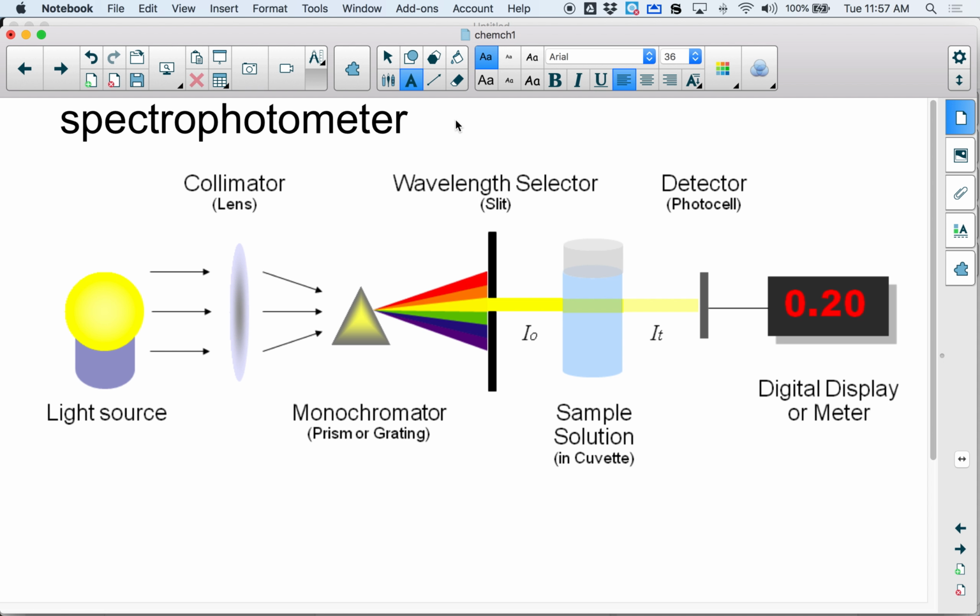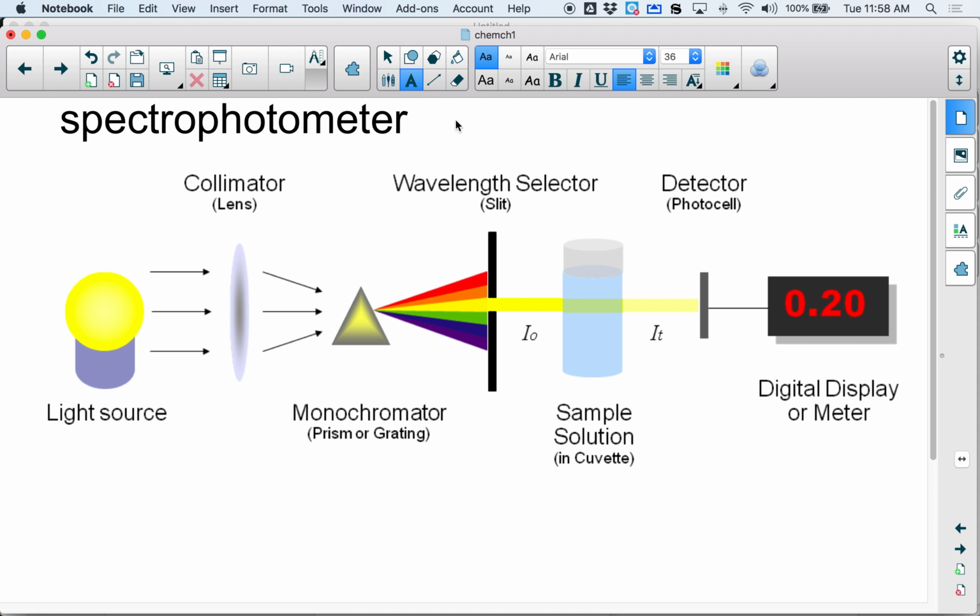And I'll show you on the back, you can change it to a certain wavelength. And the wavelength is going to be the color of the light. So we'll see there's a scale, and it'll show you, okay, red light is this wavelength, purple light is that wavelength, whatever. This thing is made so that it will only select one single wavelength of light. So you're getting one color of light that comes through, and that goes through your sample.